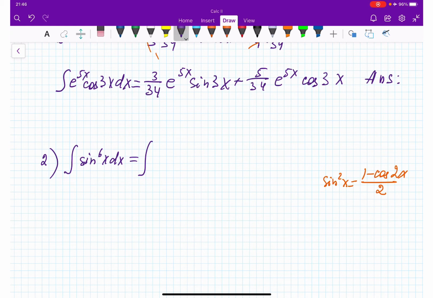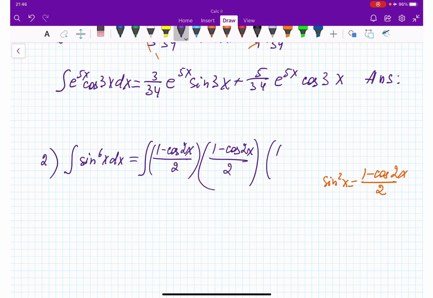So we get 1 minus cosine 2x over 2 times 1 minus cosine 2x over 2 times 1 minus cosine 2x over 2 and dx, and each one of them is going to be sine square x, sine square x, sine square x, right?